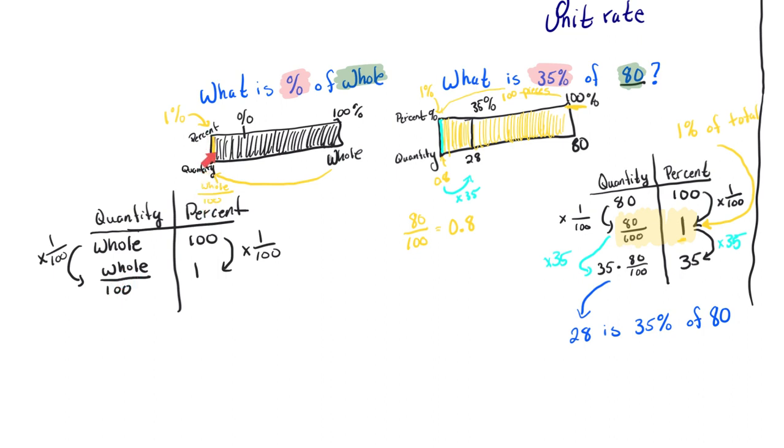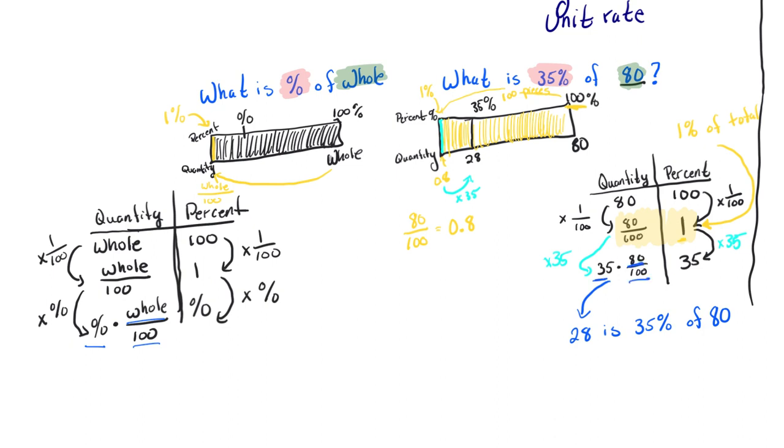And then whatever that number is, I've got to multiply it by however many percents I have. So multiplying it by percent, I get the percent times the whole over 100, just like I have it over here, the percent times the whole over 100.